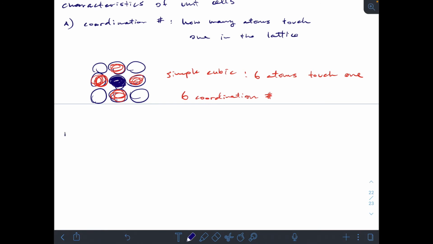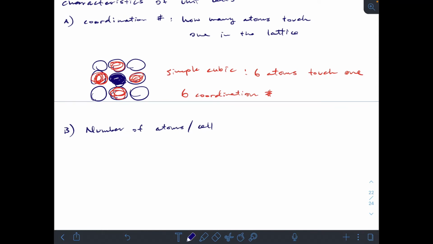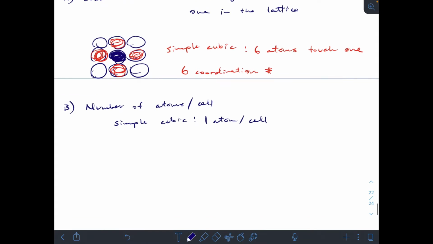So our next important characteristic is the number of atoms in the cell. Okay, so simple cubic has 1. Now the third main characteristic is cell edge length and cell volume.